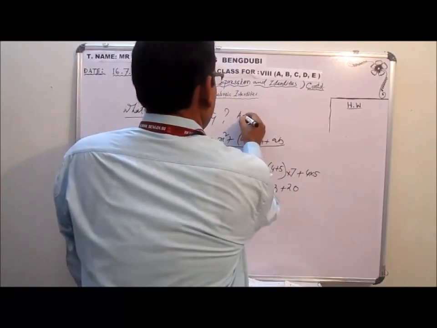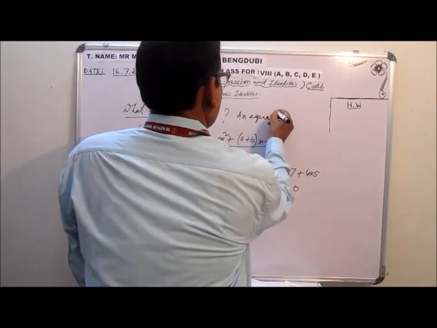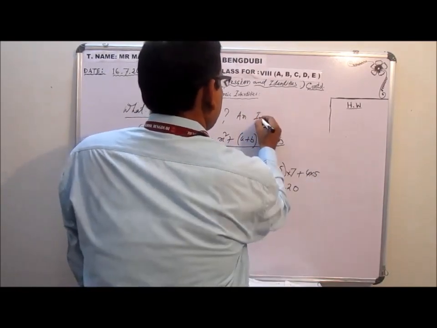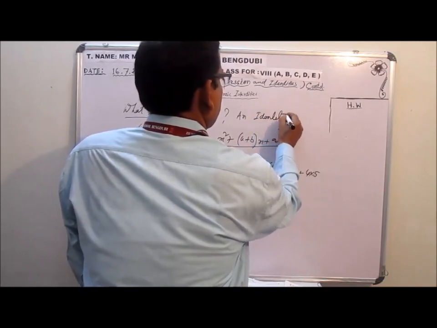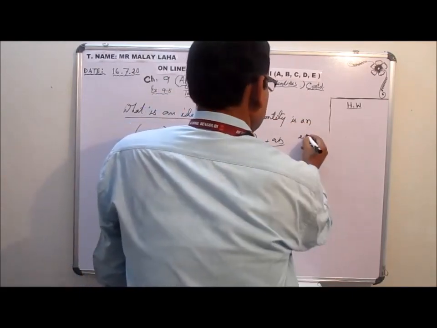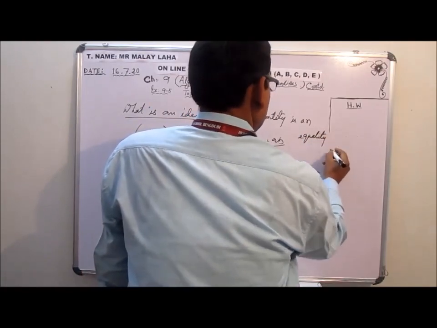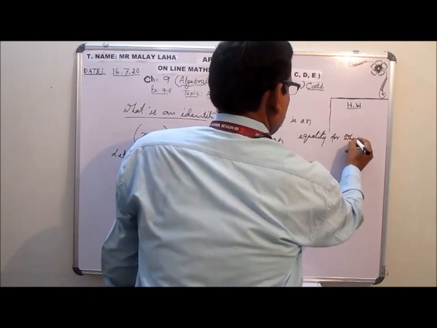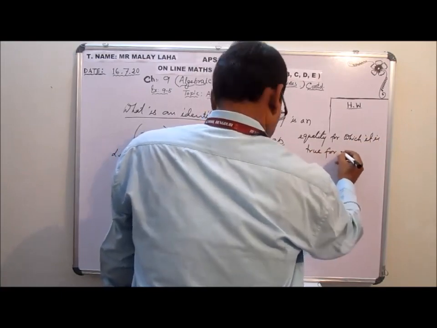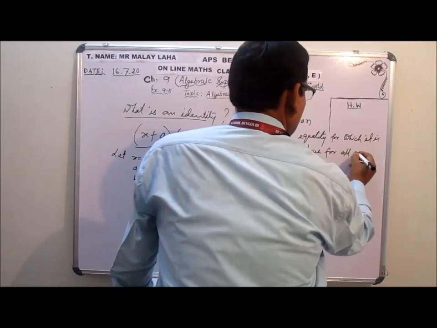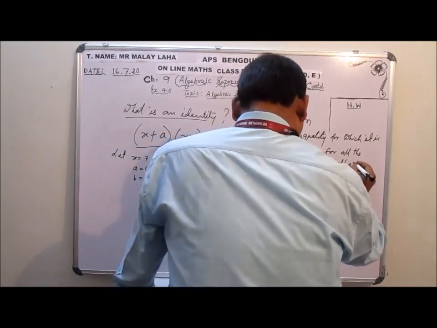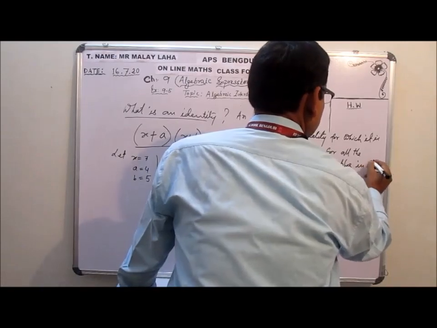Answer: What is an identity? An identity is an equation, an equality, for which it is true for all the values of the variables present in it.